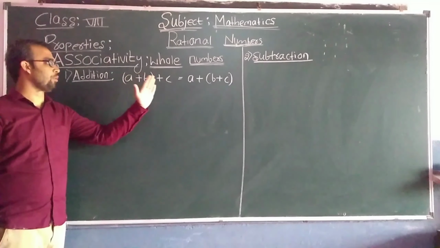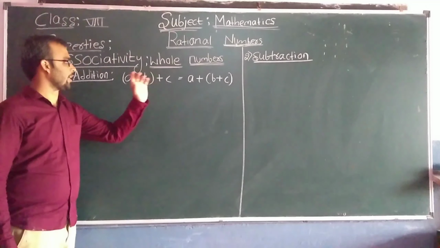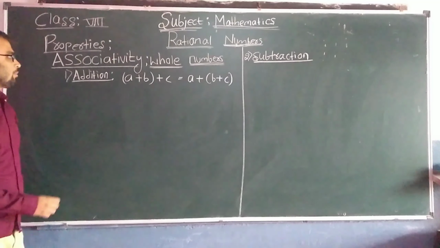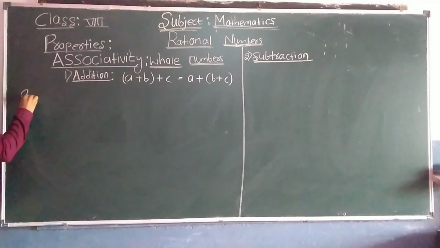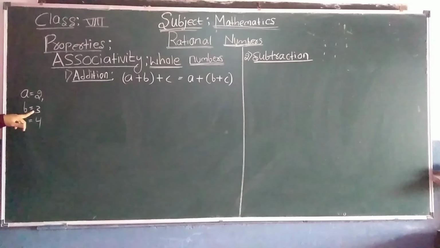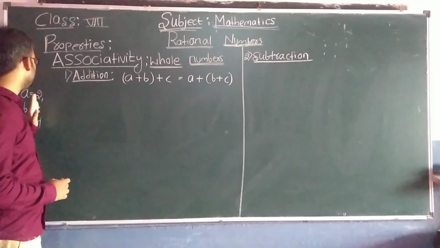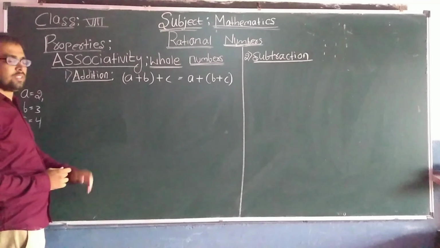Let us take the values of A, B, C as some whole numbers. Let A equal 2, B equal 3, C equal 4.